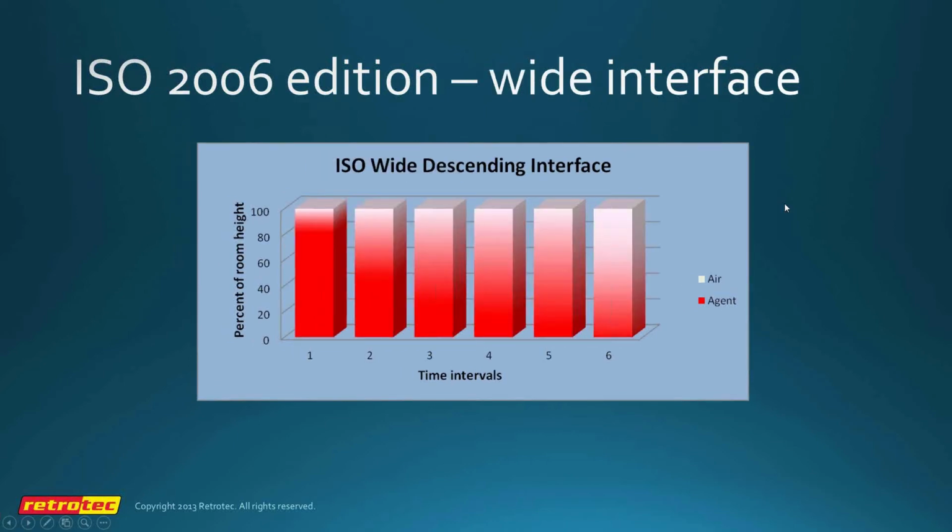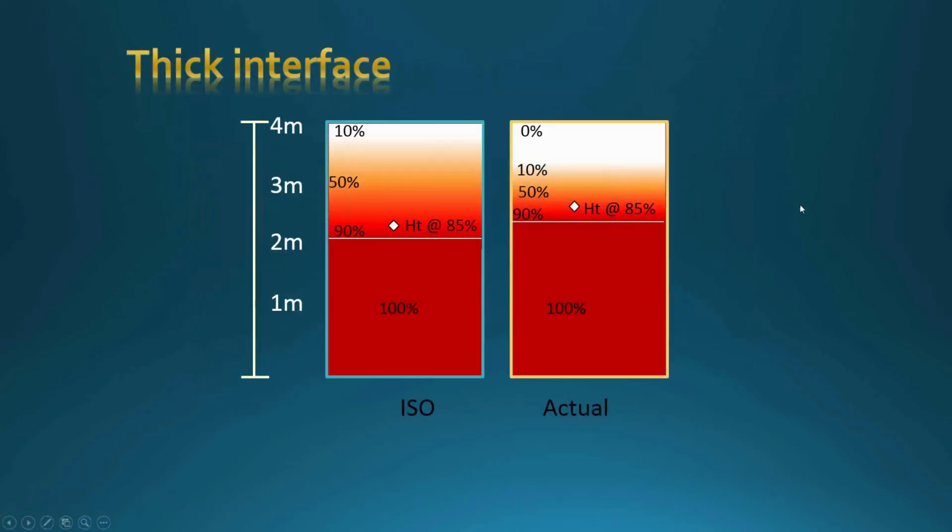The 2006 version came in with what they call the wide interface assumption, and it said as the agent runs out, the interface continues to widen until it extends from the top of the enclosure to the bottom. We found out it's not actually the case, so this is the wide interface here. It performs more like this.